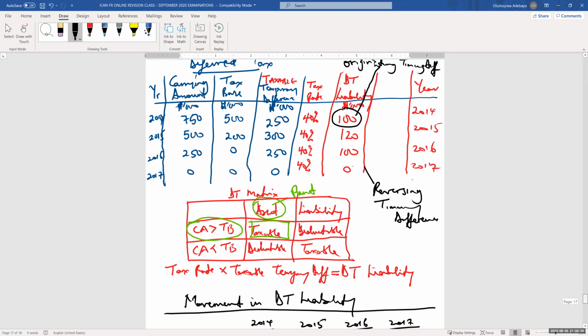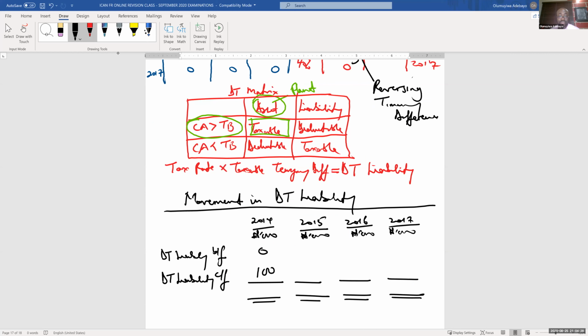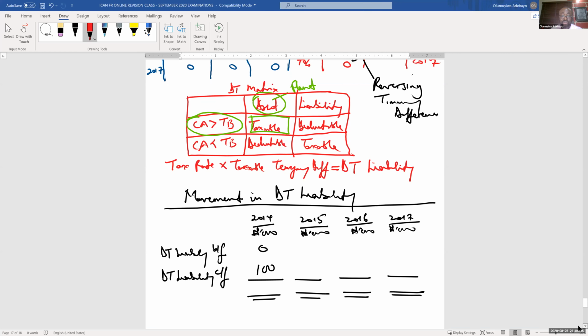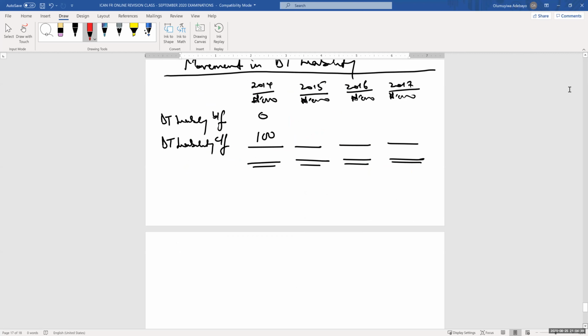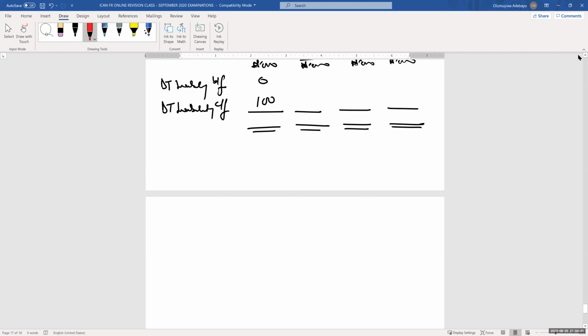Now, let us check. Is this an increase or decrease? It was a zero liability at the beginning of 2014, but now it is 100. Is it an increase in liability or decrease between the beginning and the end? Increase. Increase of how much? 100.